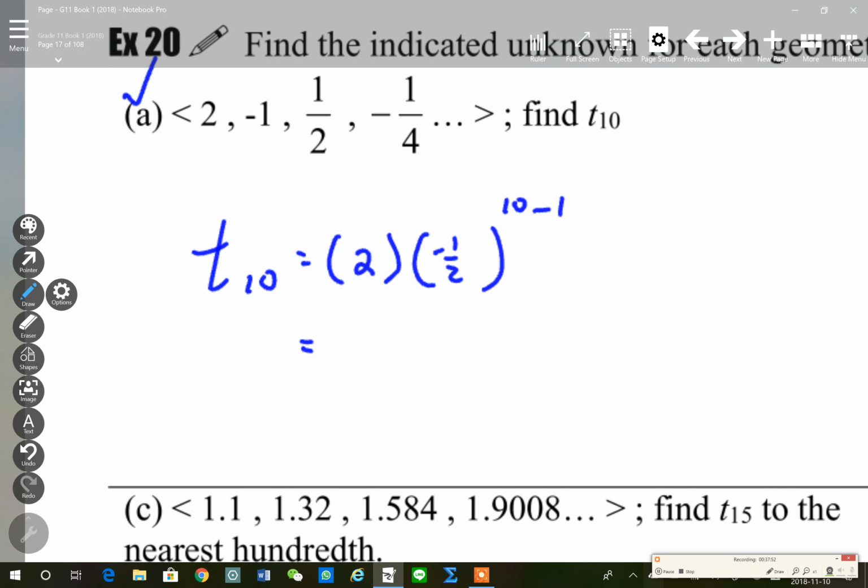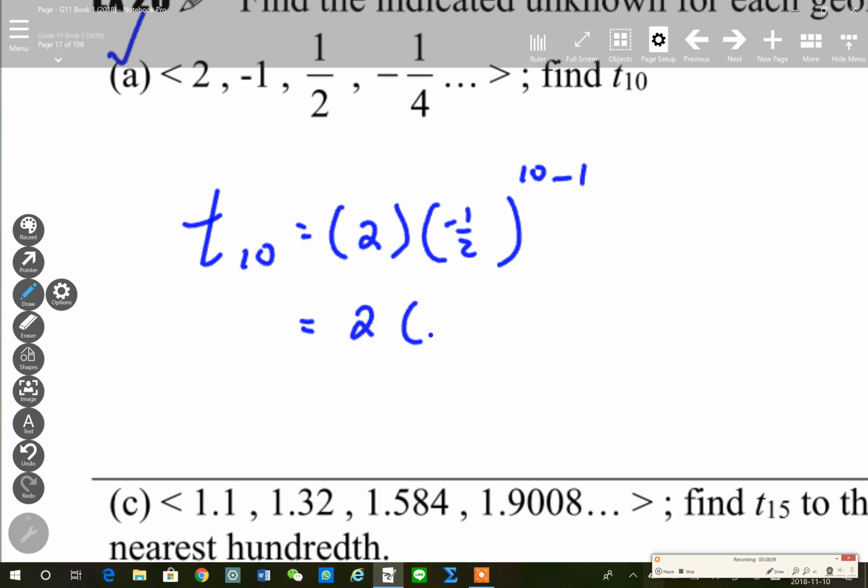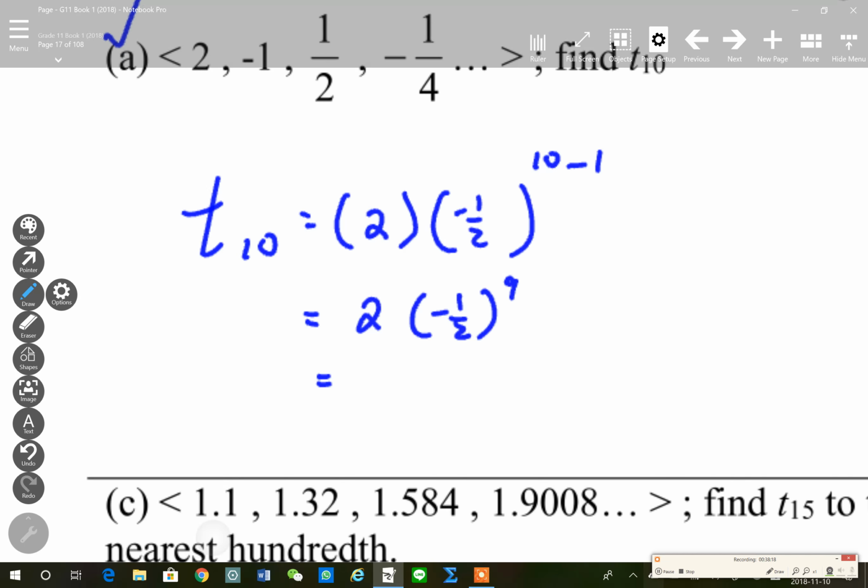Here's a question, can I take 2 times negative half first? We should do what first? Exponent, okay? Follow the bad math. Negative 1 over 2 to the 9. Who can tell me?